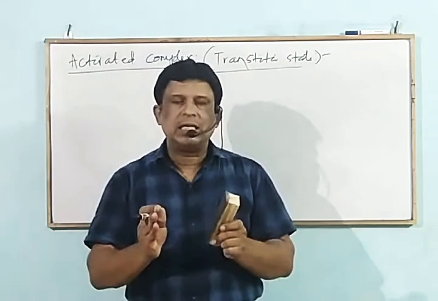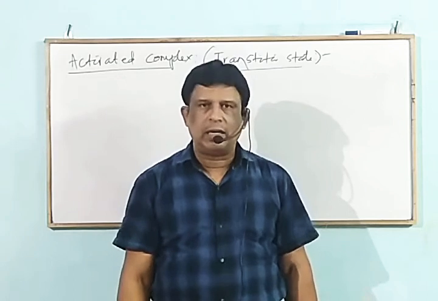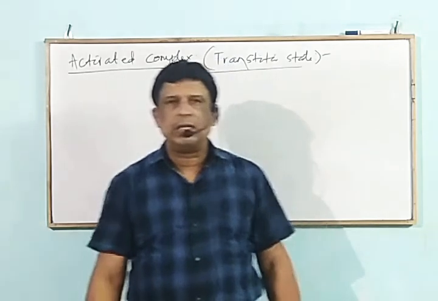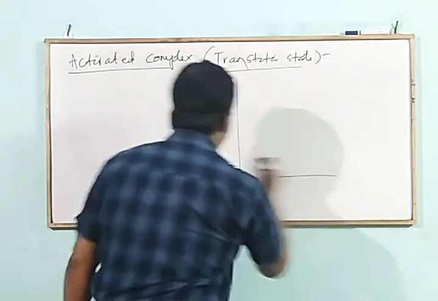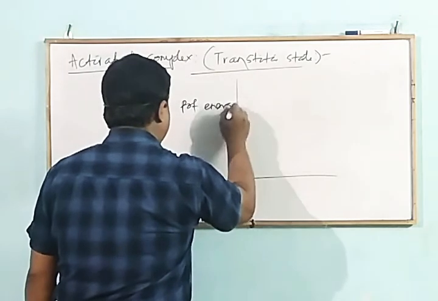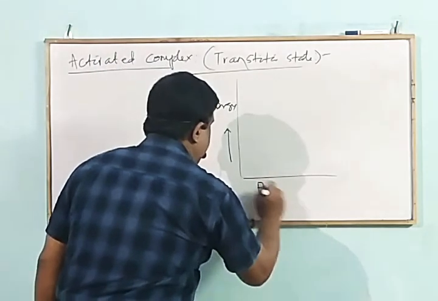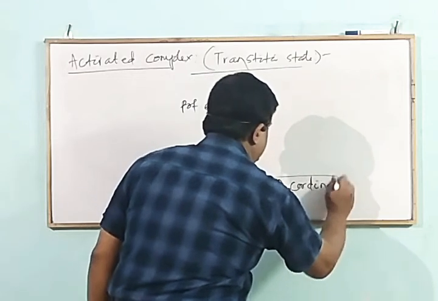Otherwise, the chance is that they decompose back to form the initial reactants. So in order to understand this, I draw a graph, taking potential energy versus reaction coordinate.